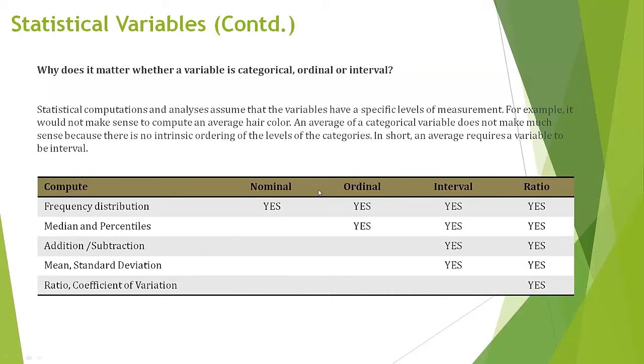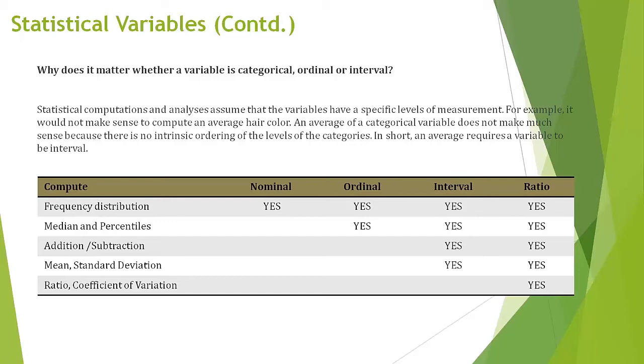Now, what we have seen is nominal and ordinal belonging to qualitative variables, interval and ratio belonging to quantitative variables. On a quantitative variable, these are numbers, these have a range, these have a mean.